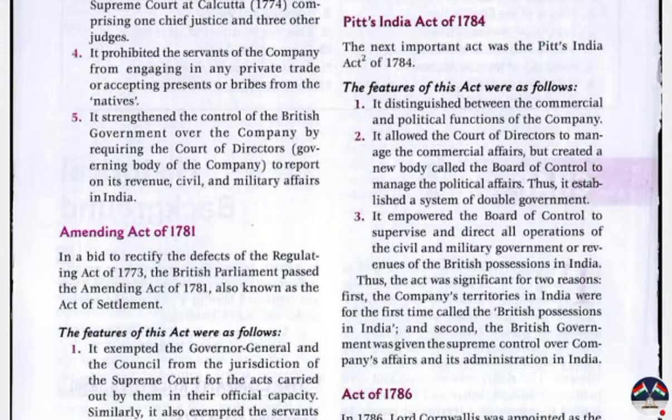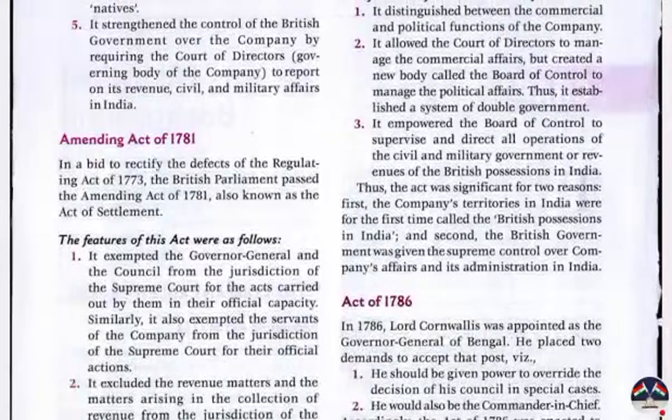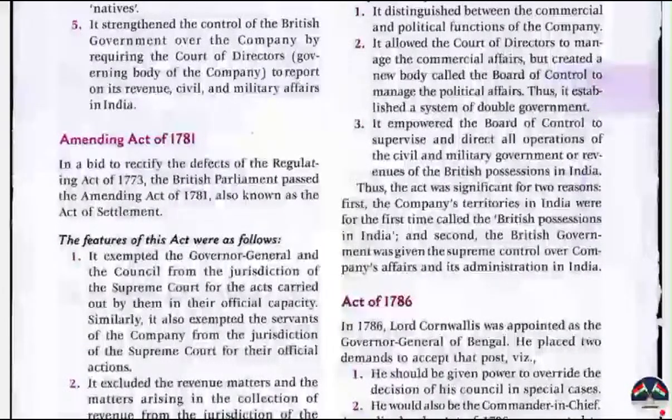The features of this act were as follows. It distinguished between the commercial and political functions of the company. Secondly, it allowed the Court of Directors to manage the commercial affairs.